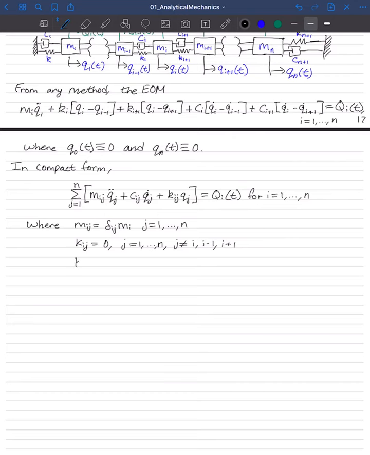Then k_i,i-1, for j equal to i minus 1, is equal to minus k_i. k_ii is going to be equal to k_i plus k_(i+1).